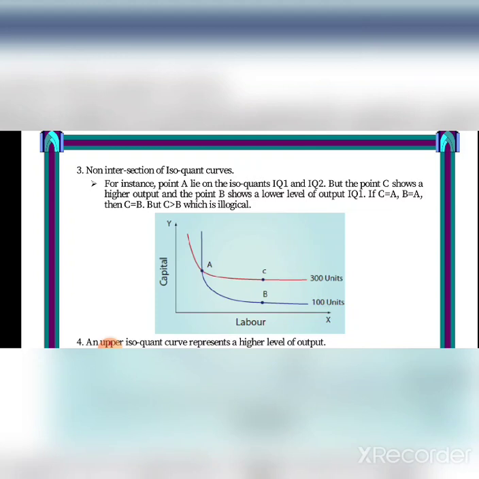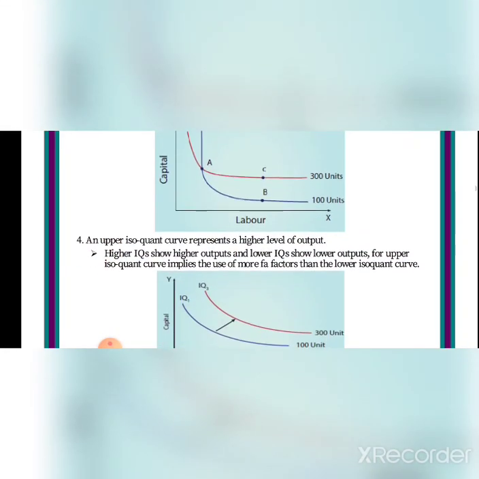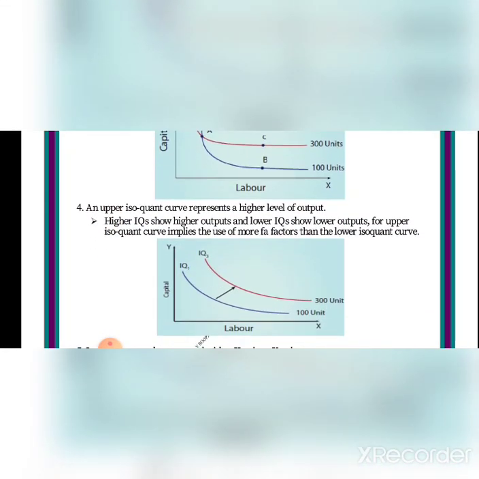You see the red curve C and the blue curve B. At level IQ1, if C is equal to A and B is equal to A, then C is equal to B. But C is greater than B, which is illogical. So they are telling it does not intersect, but here it is intersecting, isn't it? It is illogical.